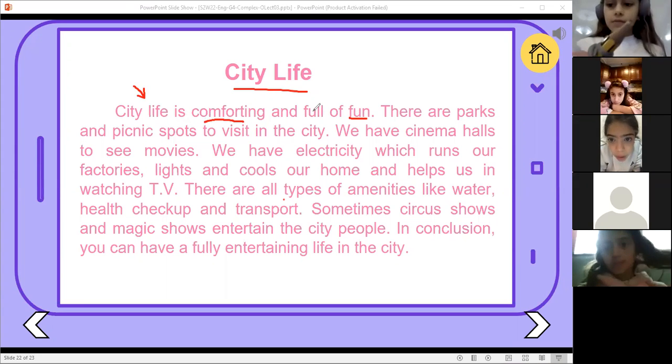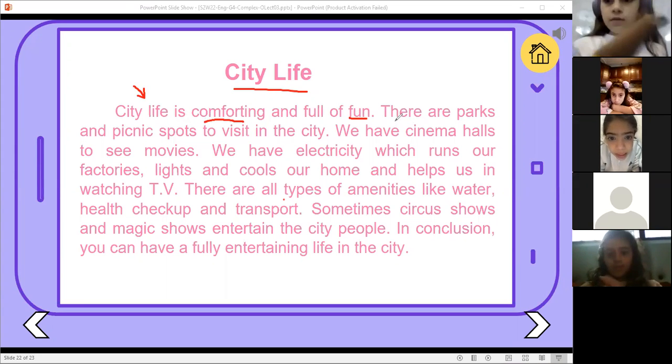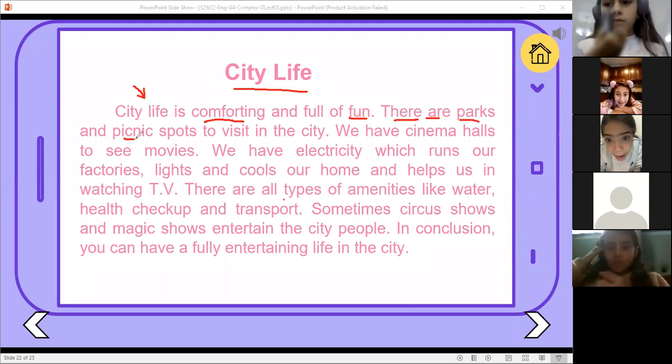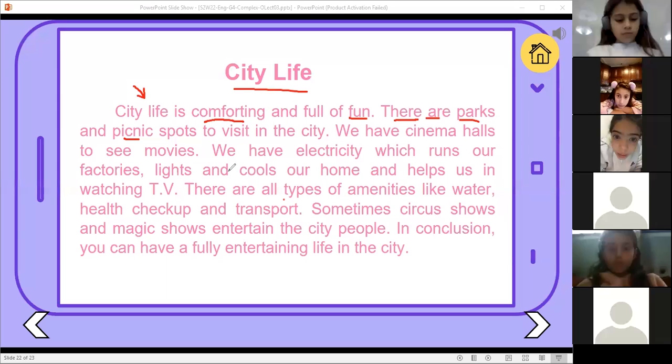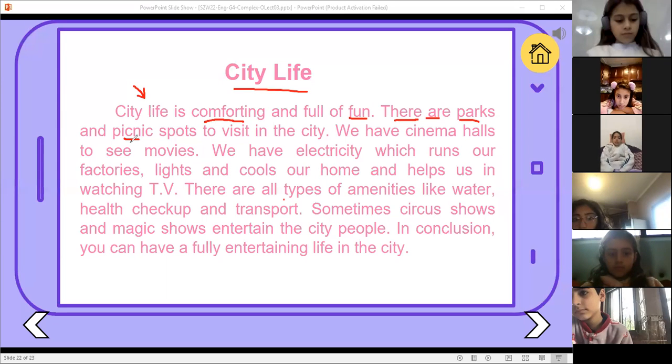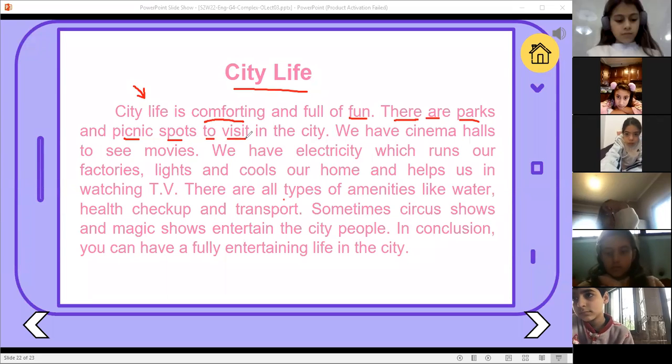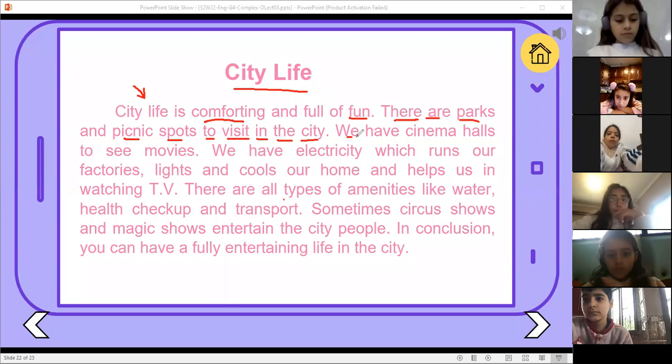But this is the author's opinion. There are parks and picnic spots to visit in the city.